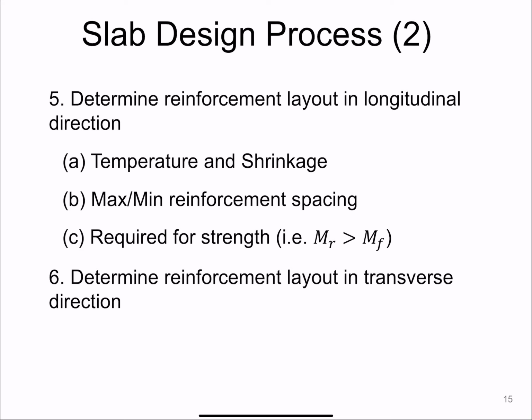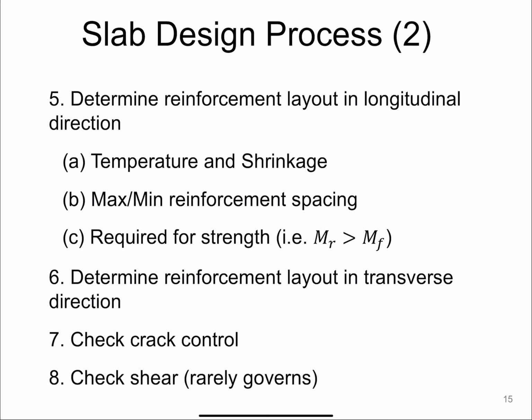Then we do the reinforcement in the transverse direction for shrinkage and temperature control. We check cracking, which is very similar to what we did for a beam, and then check shear. It rarely governs the span.